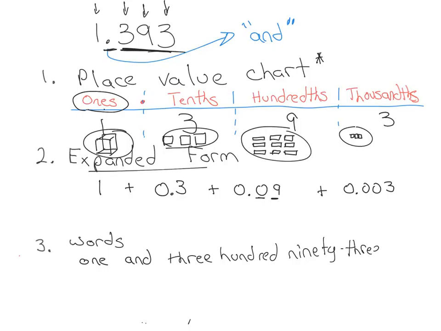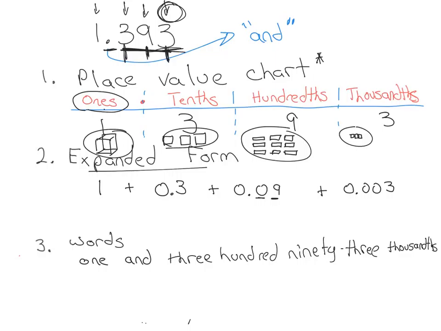Now the last thing we need to do is write down what place value this ends with. In this case, it's ending in this place value: here's our tenths, here's our hundredths, here's our thousandths. So we need to write thousandths at the end, because that's where our place value ends.